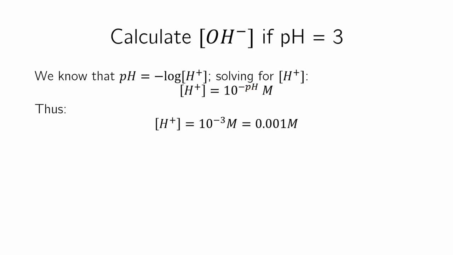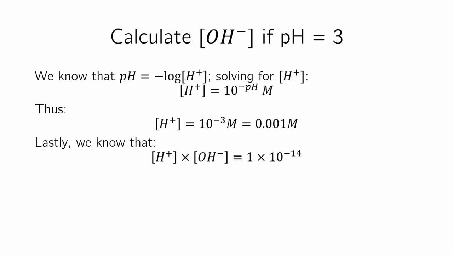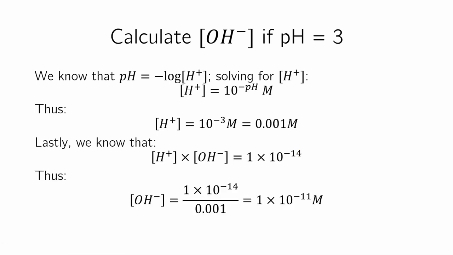If I know the pH, I can get the H plus from the pH directly. If I have the pH as 3, I will put the pH here, and I'll get that my concentration of H plus is 0.001. Okay? And I know that H times OH is 1 times 10 to the minus 14th, and therefore I can get the concentration of OH minus.